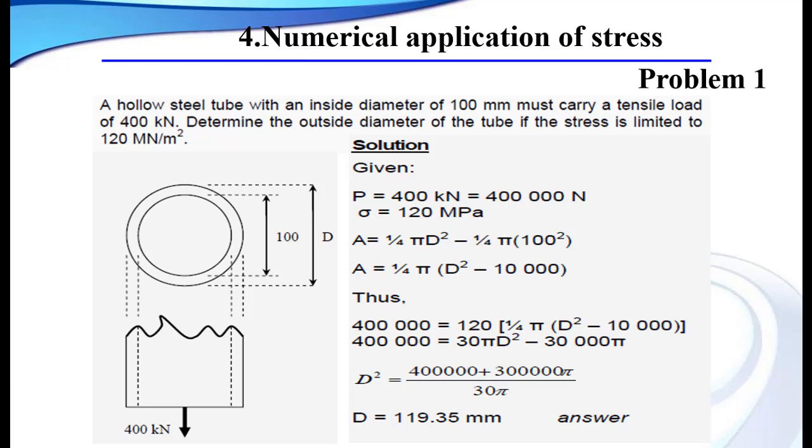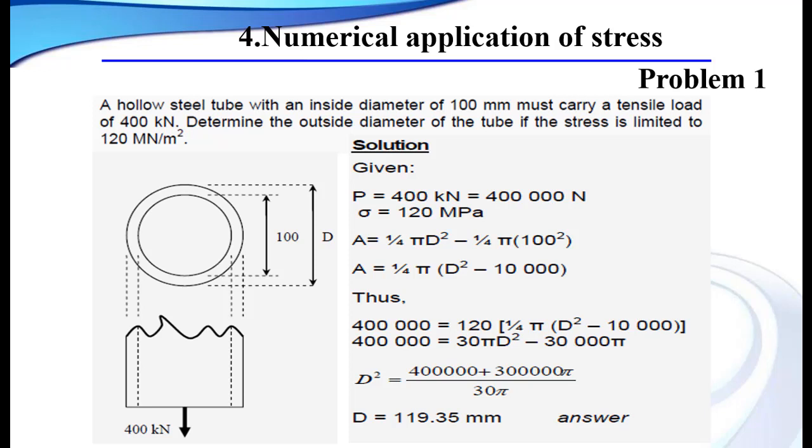Thus, we know that the stress is applied force over cross-sectional area. Therefore, we can say that the force applied is equal to the stress times the cross-sectional area. As we can see, 400,000 newtons is equal to 120 times bracket a quarter pi d square minus 10,000. You close the bracket.